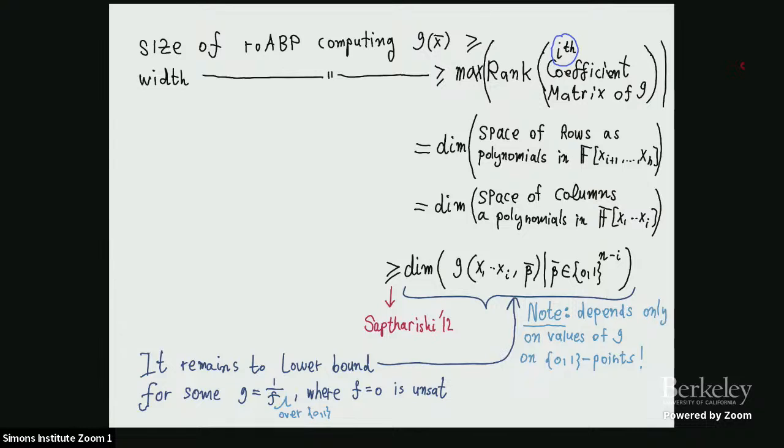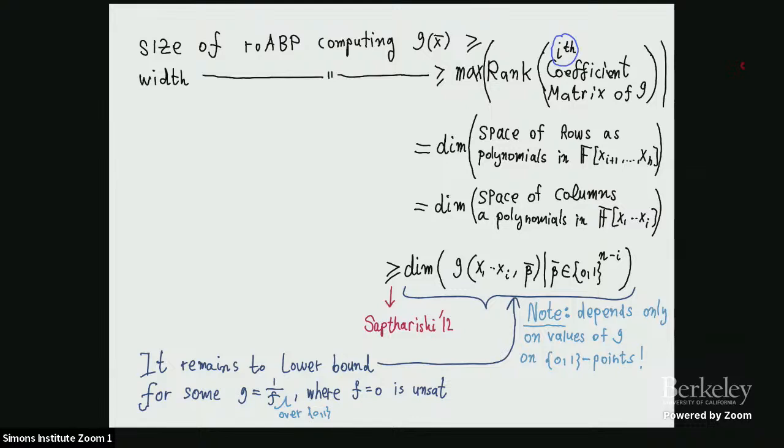You can lower bound this by the dimension of evaluation polynomials which are evaluated in some points, in our case the Boolean cube. So you take the Boolean cube for n minus i, so all the polynomials you have in these variables, and you plug in 0/1 values instead of the x_{i+1} to xn variables.